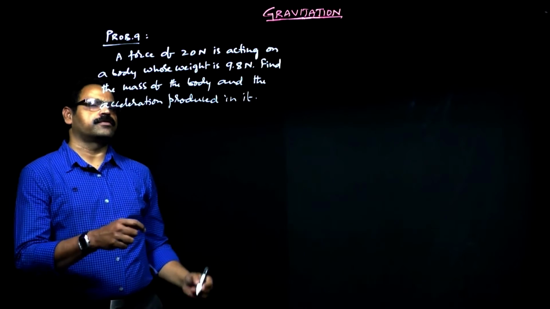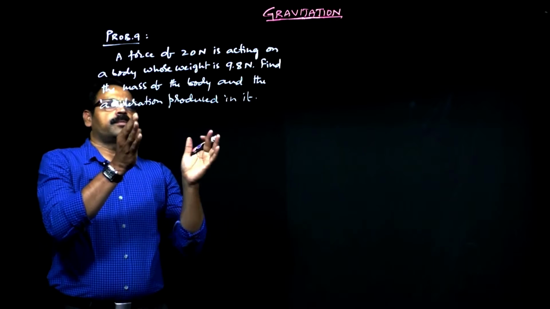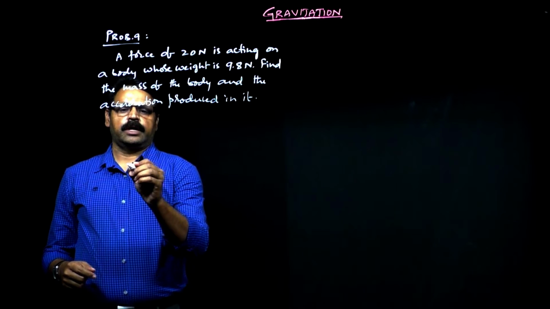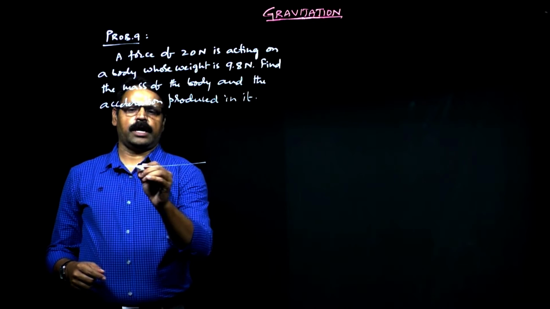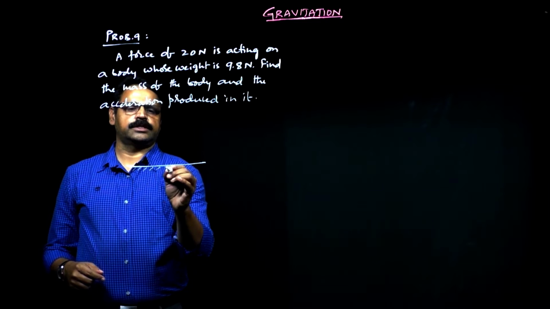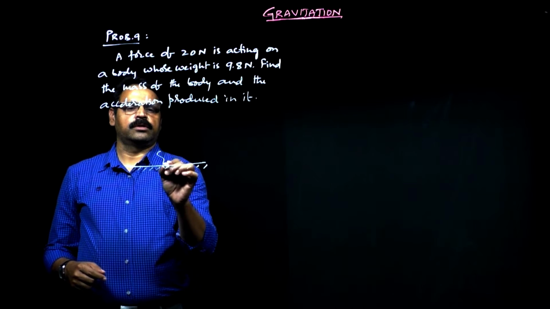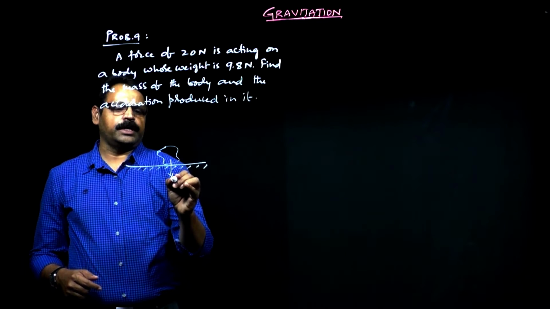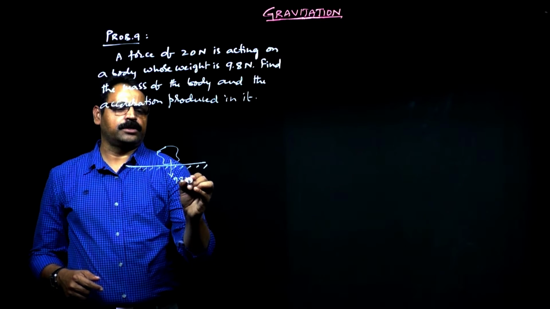So this is a question given. Here there is a body and its weight is 9.8 Newton. That means if I have a body lying on the ground, this is the body lying on the ground and its weight is going to be 9.8 newtons.